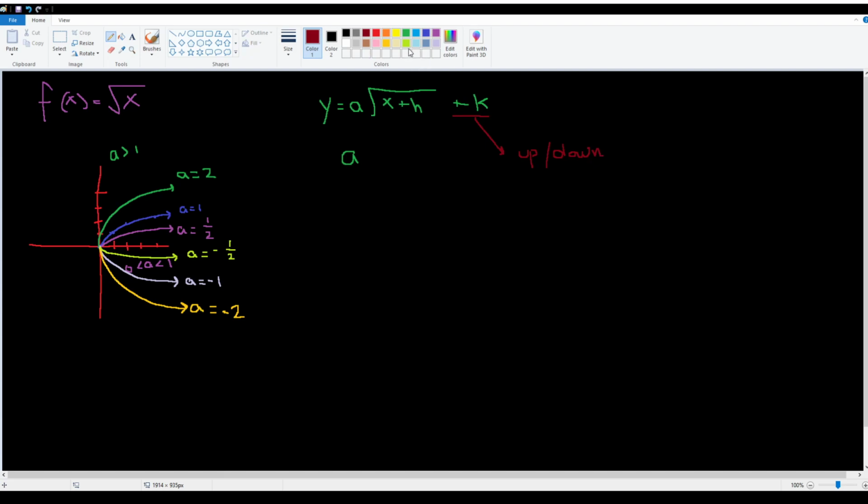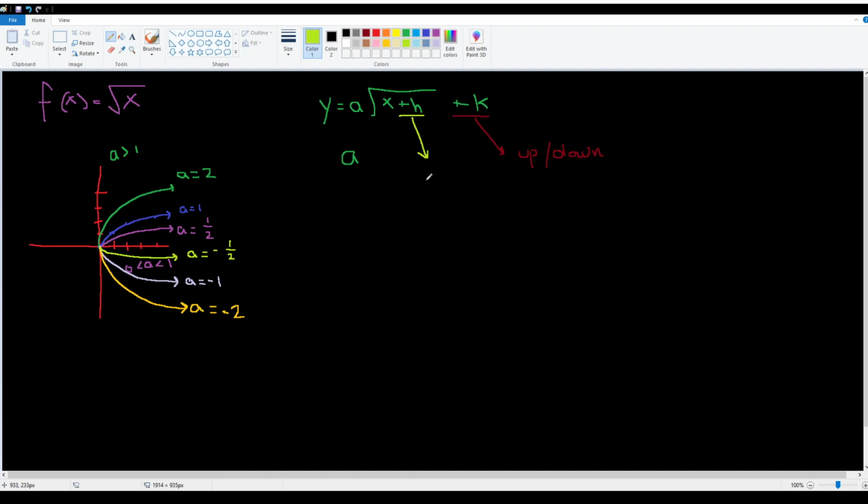And then the last thing is h. H is going to determine if I move left or right. Now, this is the one that's a little bit weird. Normally you'd think that if it was positive, you would move to the right, and if it was negative, you'd move to the left.